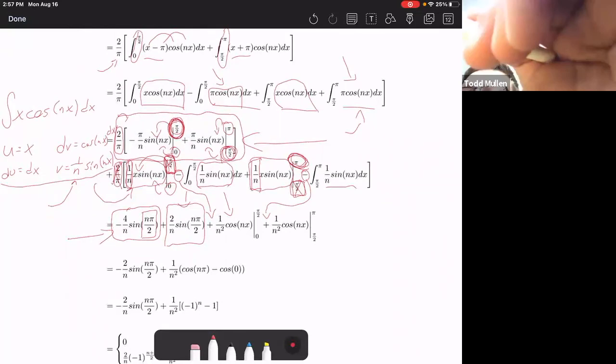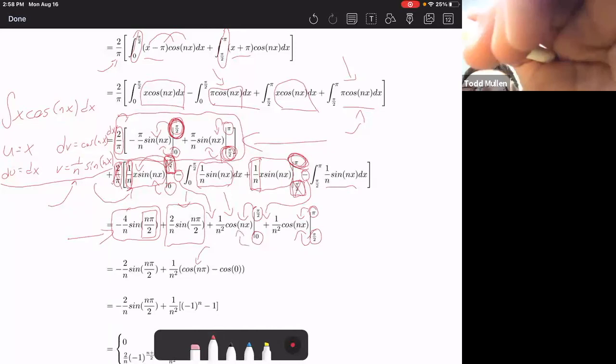So now, when we plug in our zeros, our pi's, or pi over 2's, when you plug in pi over 2, quite the opposite of what happened with sine, these cos values will just go to 0. So we're not interested in what happens when we plug in pi over 2. We're only interested in the 0 and the pi. So here we get 1 over n squared cos of pi x.